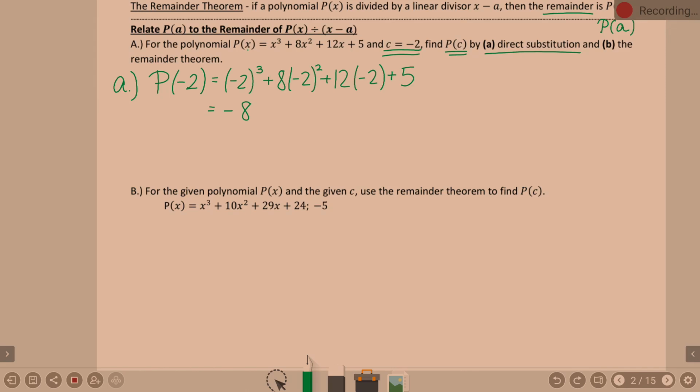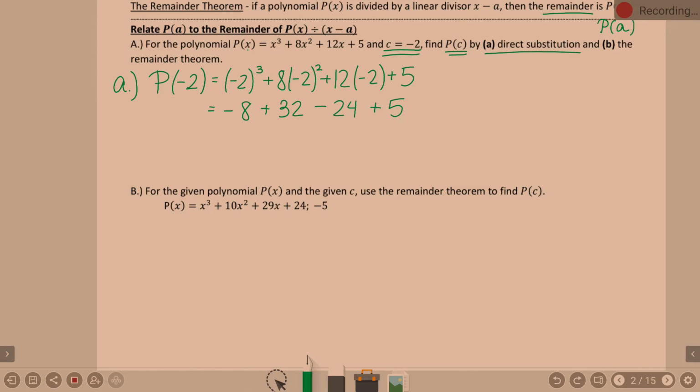-2 to the second is 4 times 8, 32. 12 times -2 and plus 5. It can be done without the calculator.